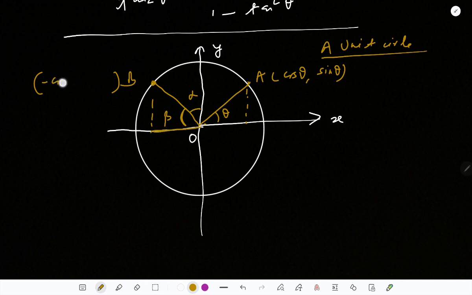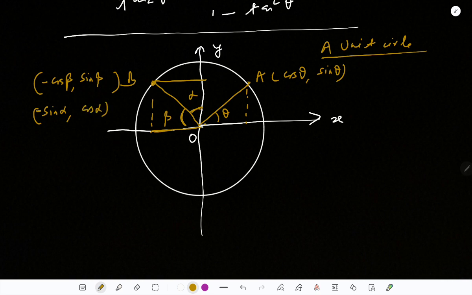So its x coordinate will be minus cos beta and y coordinate will be sin beta only. And if you take this angle alpha, its x coordinate is going to be sin alpha, and don't forget to put a minus sign here because you are dealing with a point in the second quadrant, and its y coordinate will be cos alpha simply.